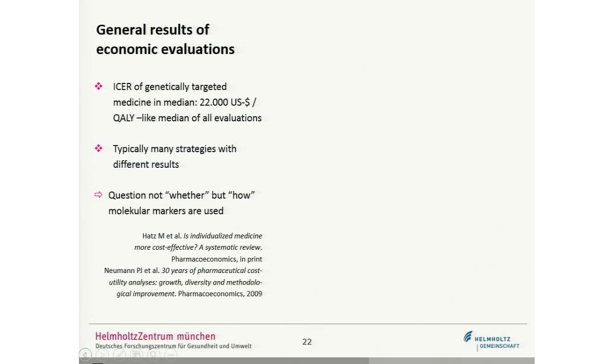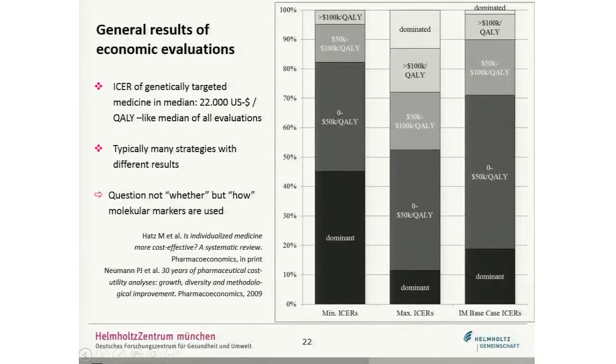On the other hand, what we also found was that there were many different alternatives, and among those there were quite frequently alternatives with very favorable ICERs, and nearly 50% where the targeted strategy was even a dominant one. On the other hand, there were the unfavorable ICERs, nearly one quarter, where the strategy was either dominated or above 100,000 euros per QALY, so really expensive.